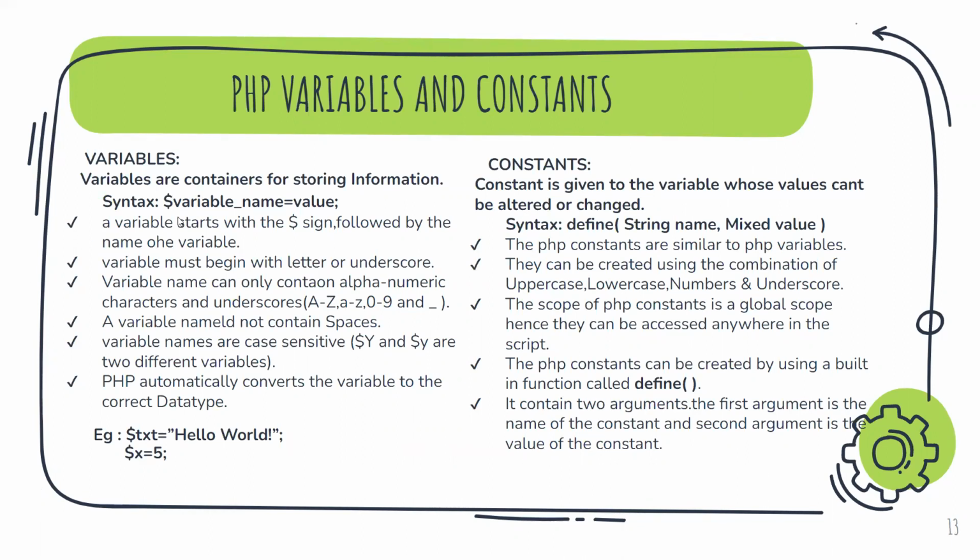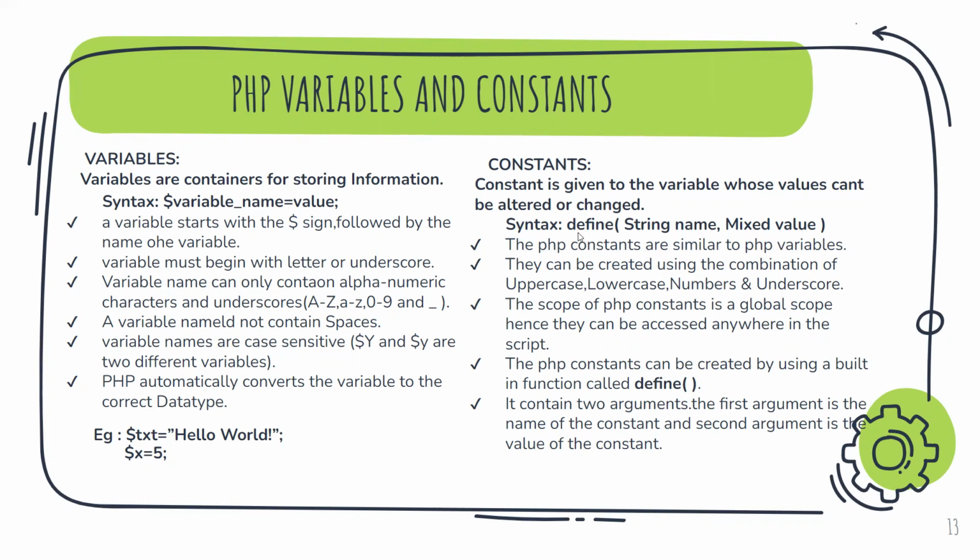So this is the syntax for declaring a variable. And in case of a constant, we need to use a keyword called define. Here we'll be giving the constant name, and then the value that the constant must contain.